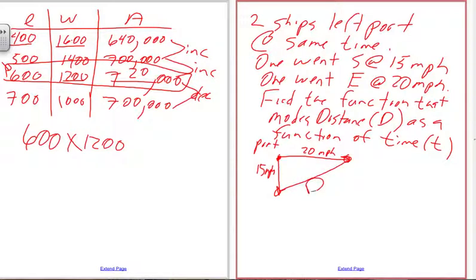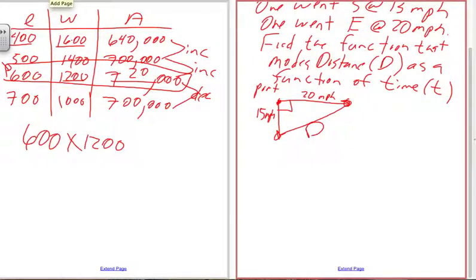So that's capital D. That's a right triangle. That would give away exactly what you're doing with this. But you notice, in step 2, what we're after is I want D as a function of T equals something. We're not after a number.